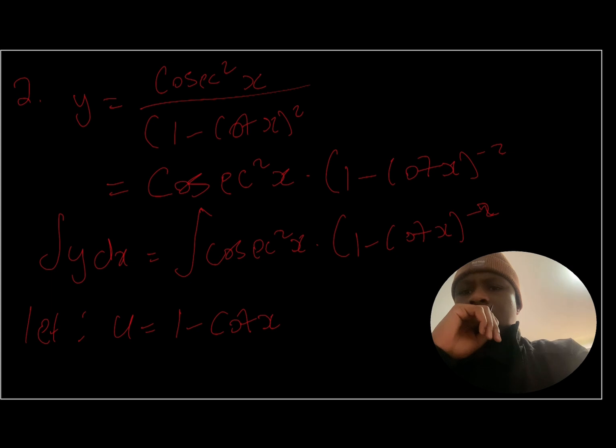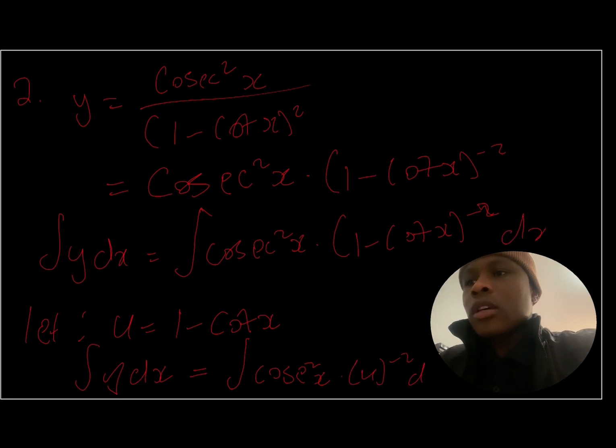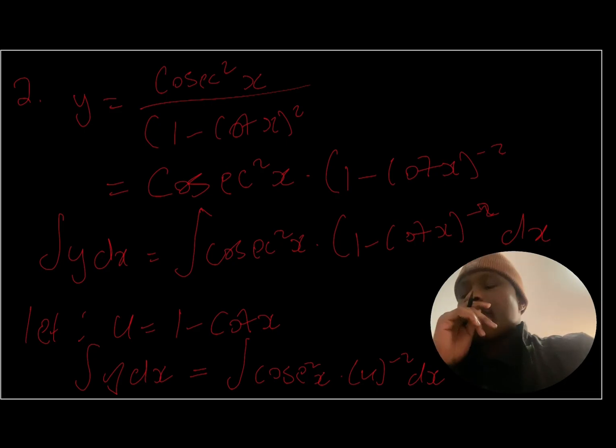As we have let what is inside the bracket equal 1 minus cot x, the integral is cosec squared x times u to the negative 2 dx. I forgot the dx there, forgive me.